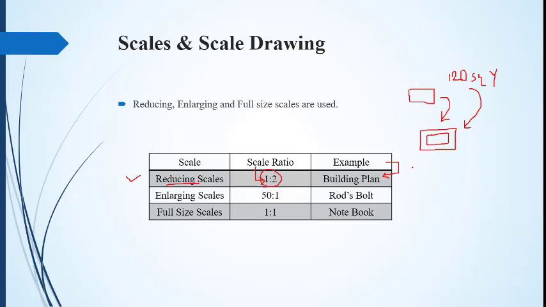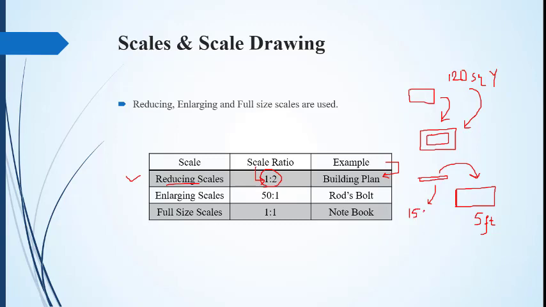For example, we have a line and we want to draw this line in a sheet, and the length of the sheet is 5 feet, for example, and the line that is given to us is 15 feet.